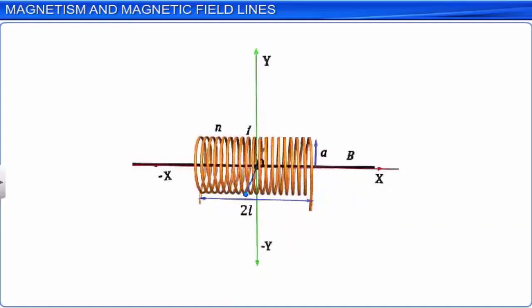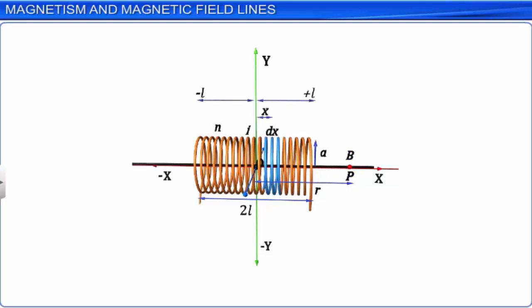Then, the left end of the solenoid lies at the position -L, and its right end at +L. Let us consider a point P on the axis of the solenoid, and let R be the distance from the center of the solenoid to that point. To calculate the magnetic field induction B at the point P on the axial line of the solenoid, consider a small element of the solenoid of thickness dx, located at a distance of x from the center of the solenoid.